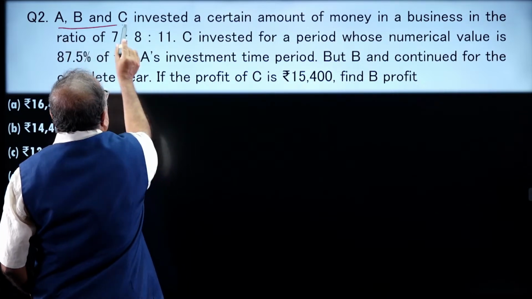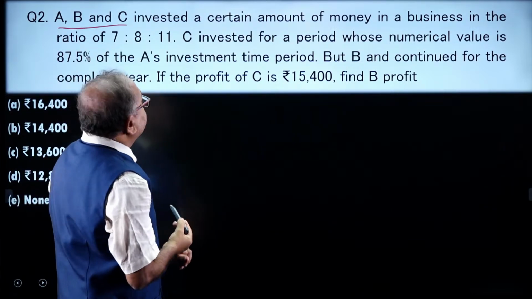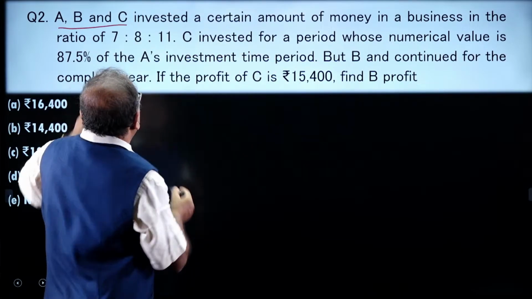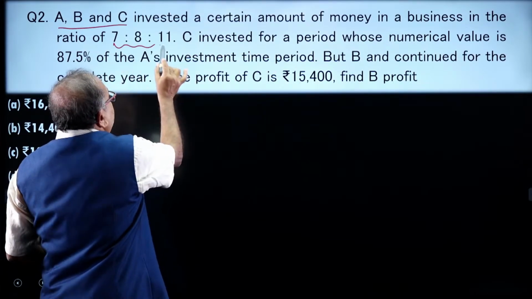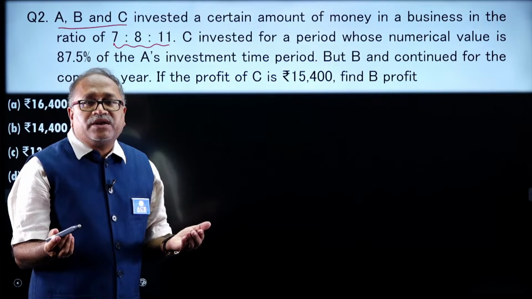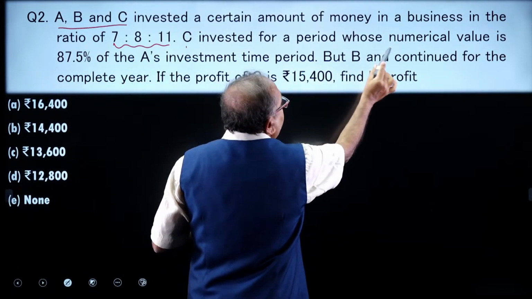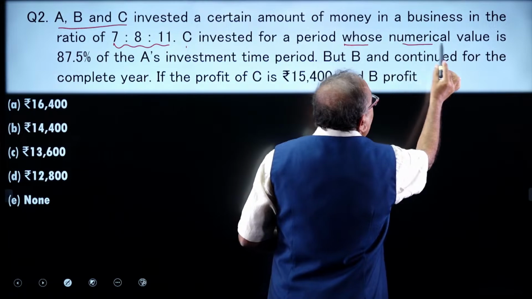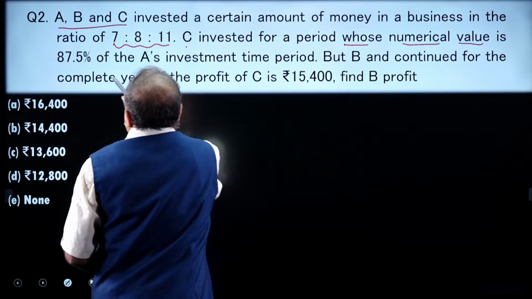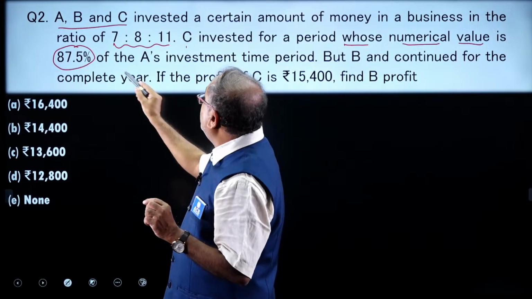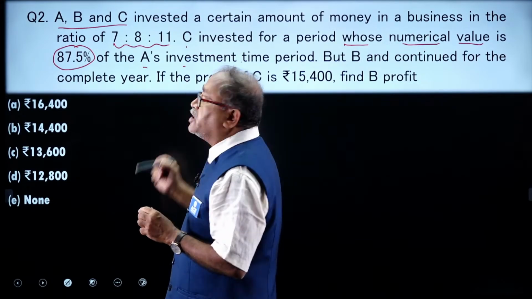There are 3 people, A, B and C, who invested a certain amount of money in the business in this ratio. So their capital ratio is already given to us. C invested for a period whose numerical value is 87.5% of A's investment time.